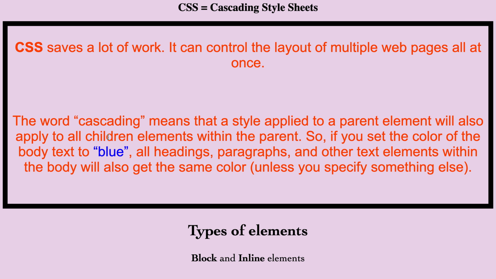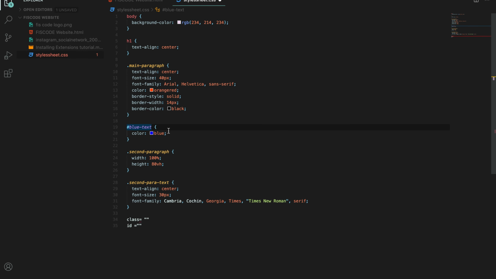So the blue text that I showed you here, to apply styling to it, I put a hash here, and then blue text, curly brackets, and then I gave it a color of blue. And for the class elements, the ones that are classified, you have to put a dot, and then I give the classification name, curly brackets, and then I gave the various styling elements.